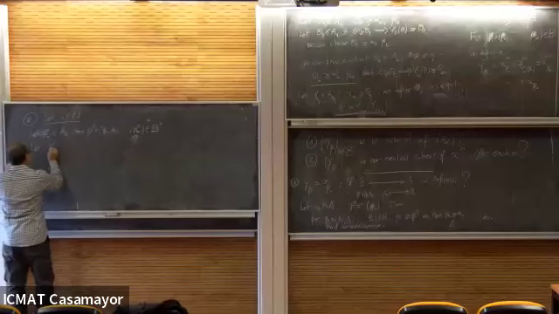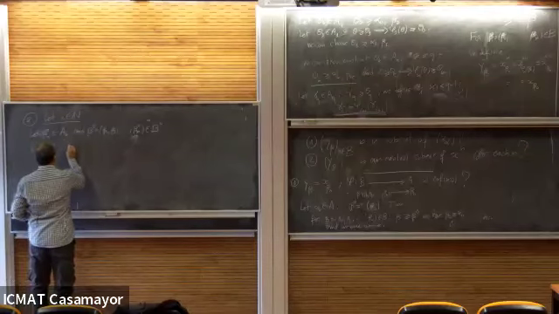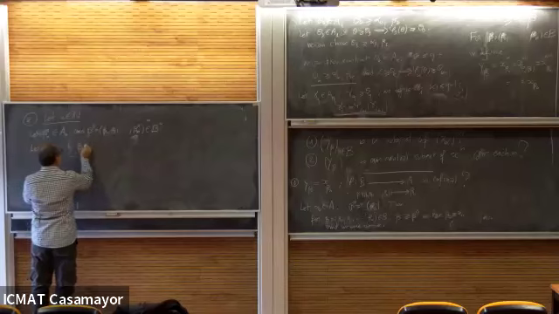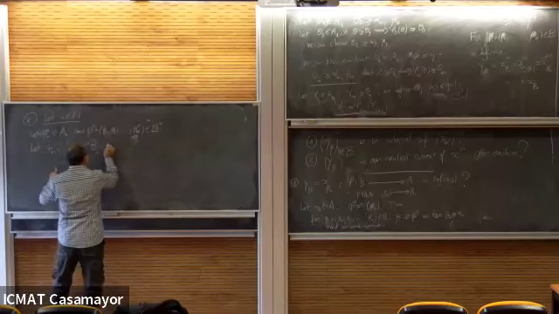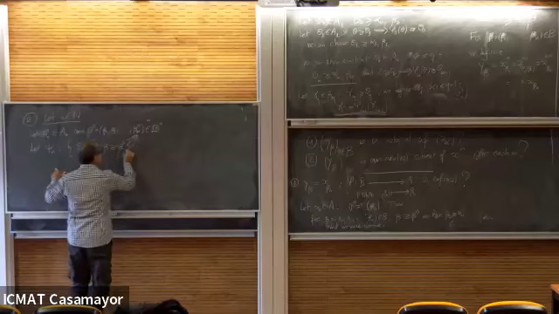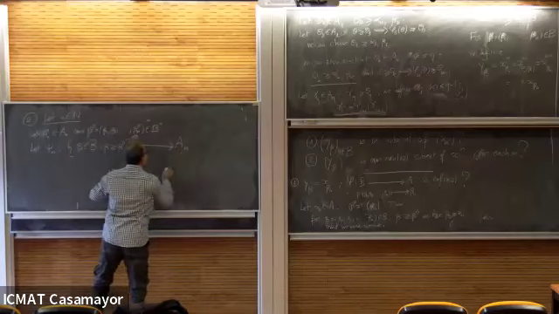Let now psi n, from this set of beta in B such that beta is more or equal than beta 0, to A n.